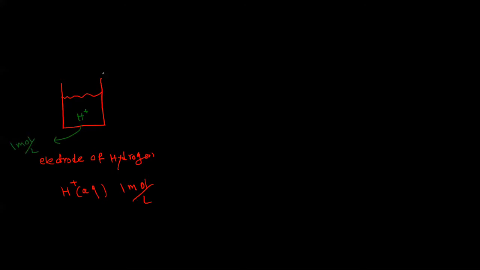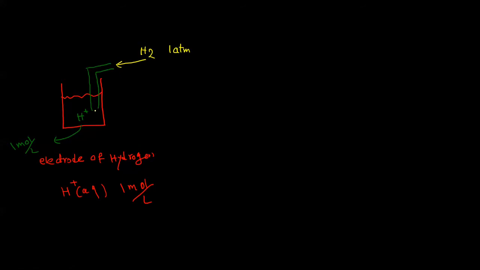But right now I need an electrode, and my electrode should be hydrogen. So I use a tube, like this, and hydrogen gas, H2, under the standard condition of 1 atmosphere pressure, enters from here.